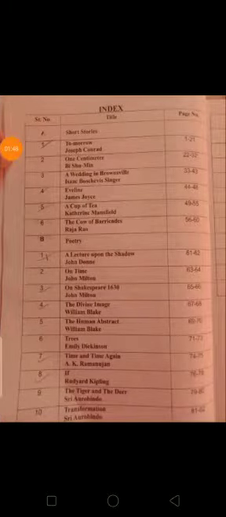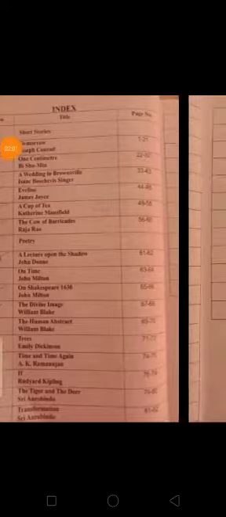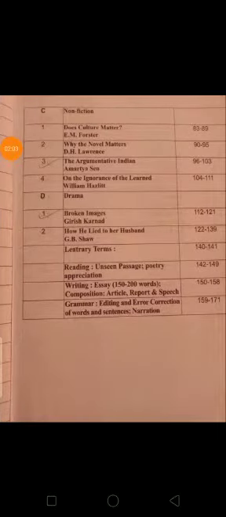Short stories has 6 chapters. Section B, poetry, has 10 poems. Section C, non-fiction, has 4 chapters. Drama, you have 2 dramas. Then literary terms, and some items we discussed on the first page: unseen passages, poetry, grammar, and all.